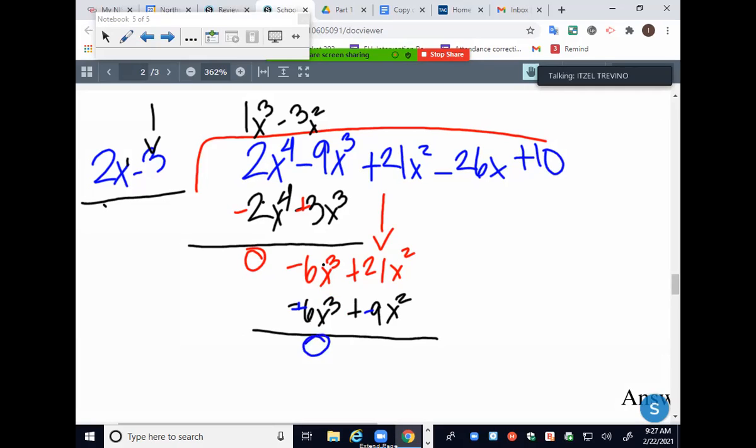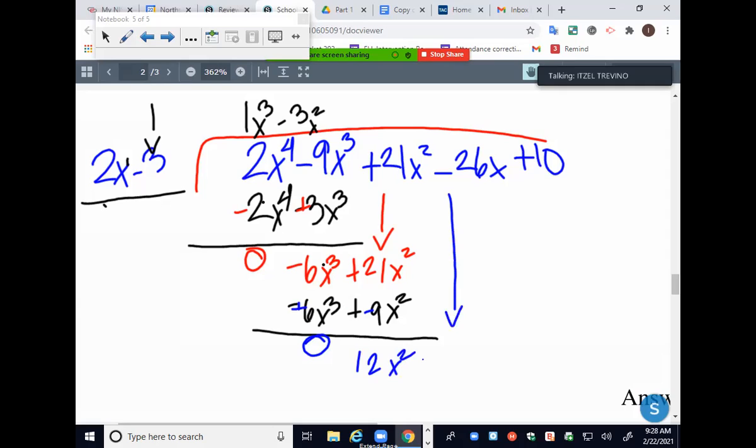21 minus 9 gives me what? 12. My variable and my exponent remain the same. And we're going to bring down what's next.